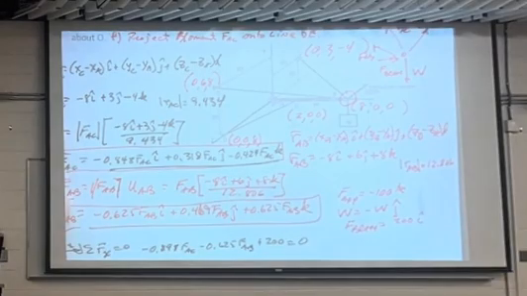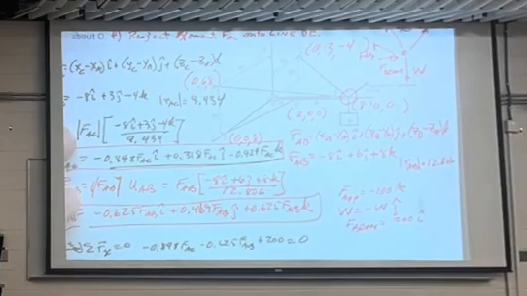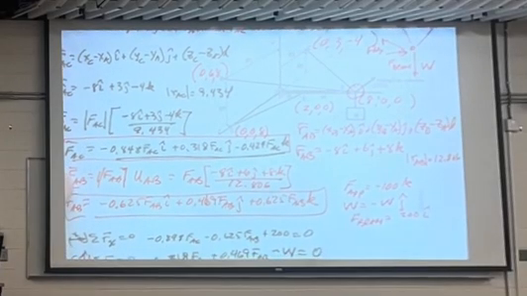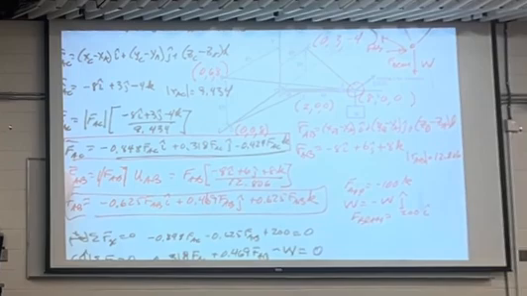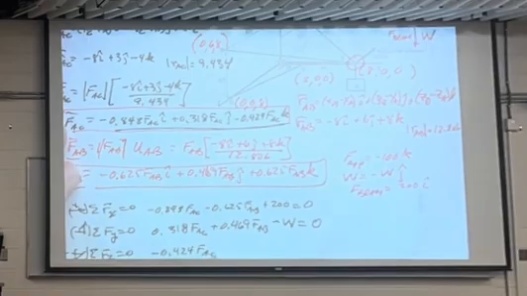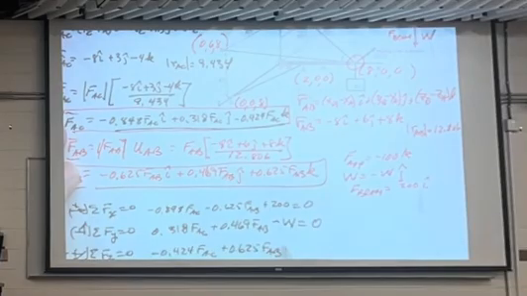Sum of the forces in the y equals 0, positive upwards: 0.318 FAC plus 0.469 FAB minus W equals 0. Sum of the forces in z equals 0, coming out of the paper positive: minus 0.424 FAC plus 0.625 FAB minus 100 equals 0.